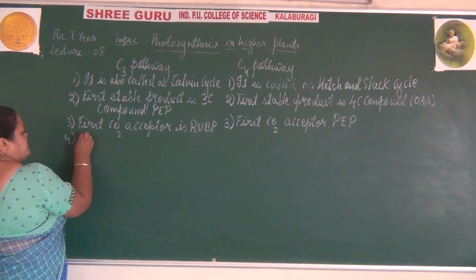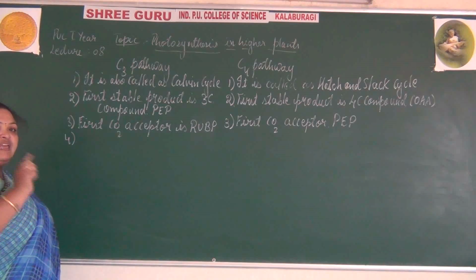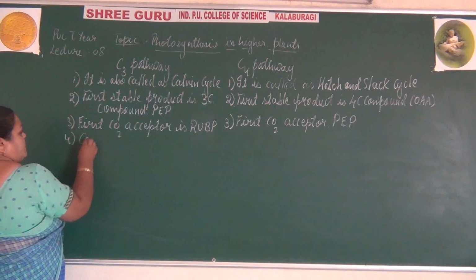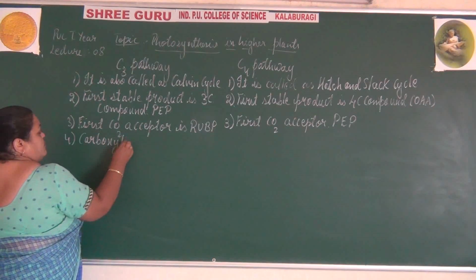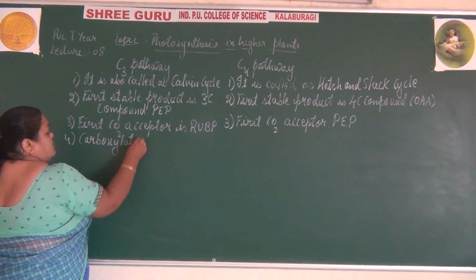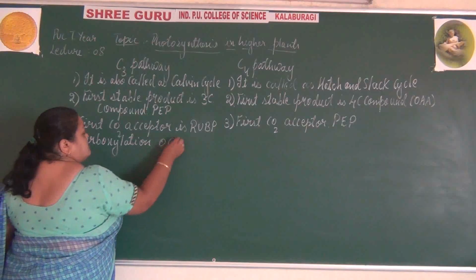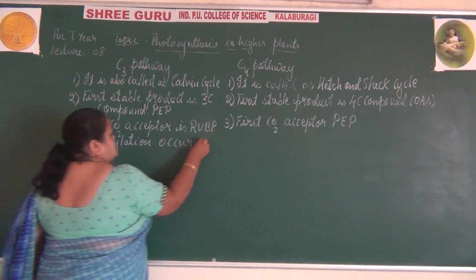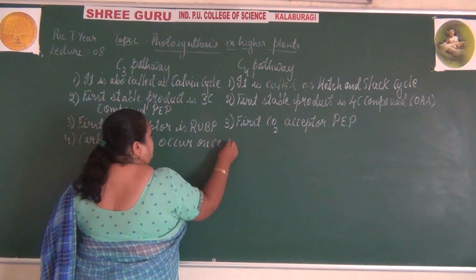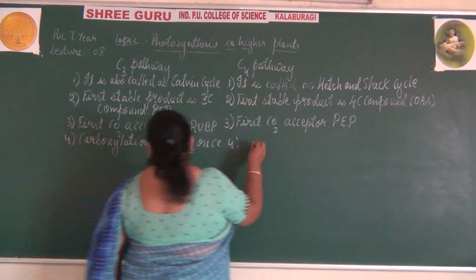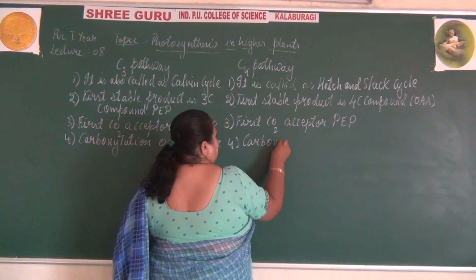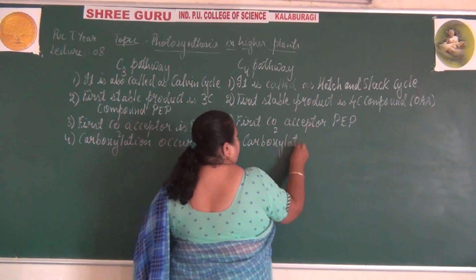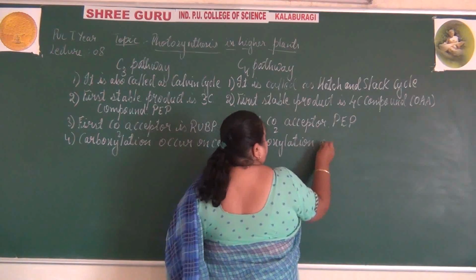Here carboxylation occurs only once, while in the C4 pathway carboxylation occurs twice.